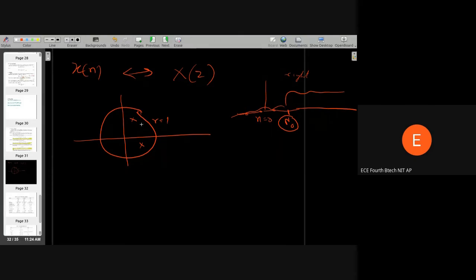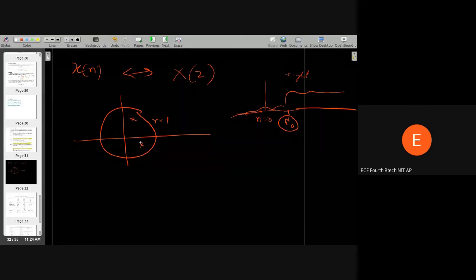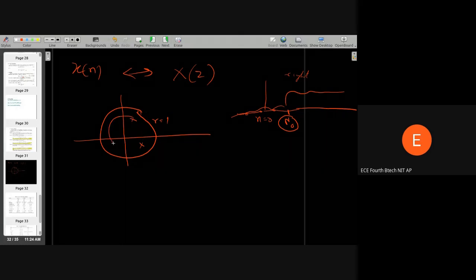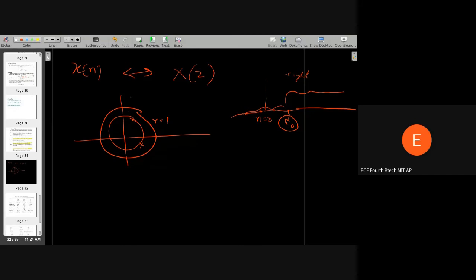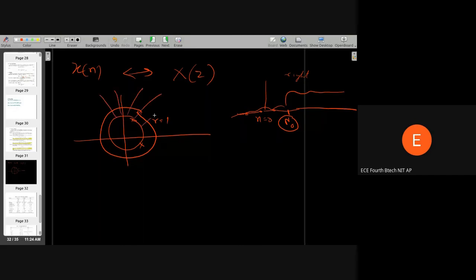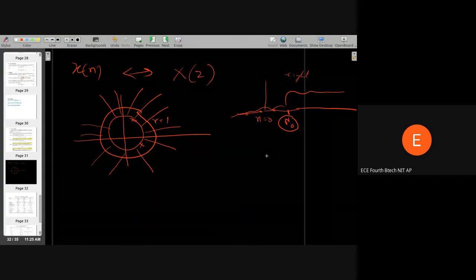If your signal is right-sided and all your poles are inside the unit circle, then your ROC will be outwards of those poles. Remember, ROC cannot include any poles. The Z transform will become infinite at the pole.